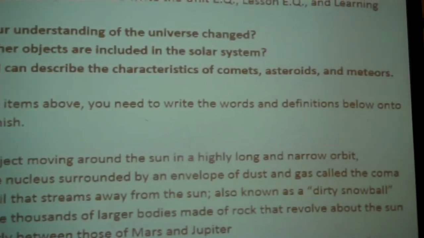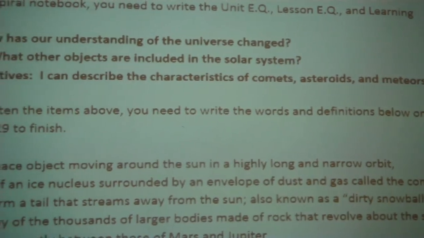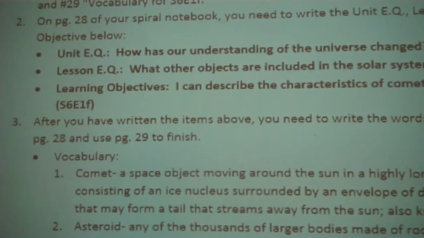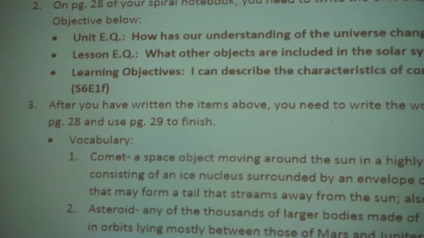It is also known as a dirty snowball. So that all comes from the last video on your Cornell notes. So that's a long definition that includes everything that you need to know about the comet.